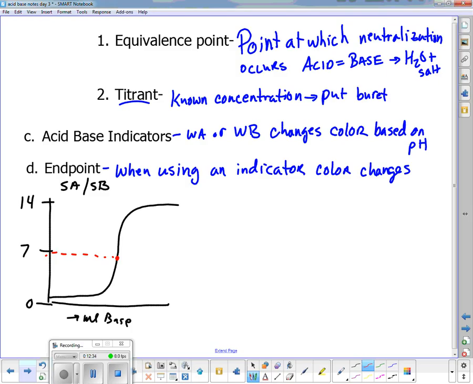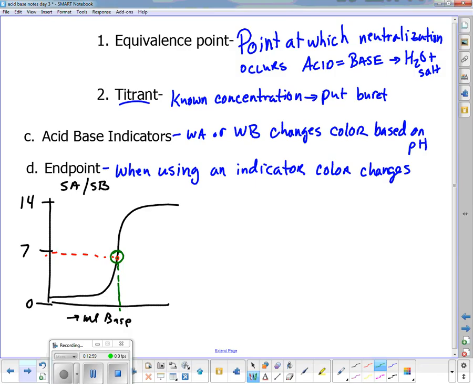So if I've not got a pH meter and I want to find the endpoint close to the equivalence point, then I've got to find an indicator that changes within one pH of my equivalence point, because I want to be able to find how many milliliters I use to get that. Okay?